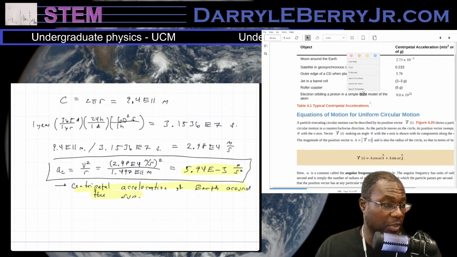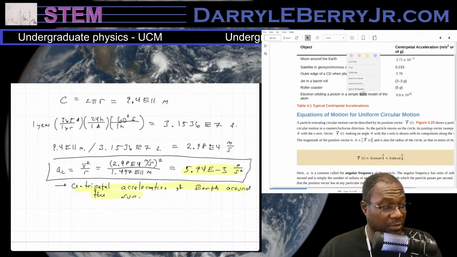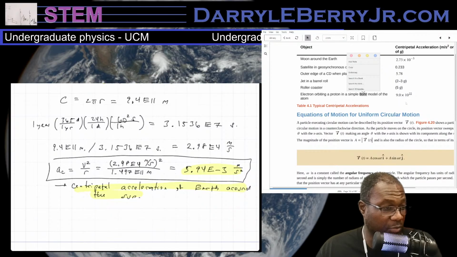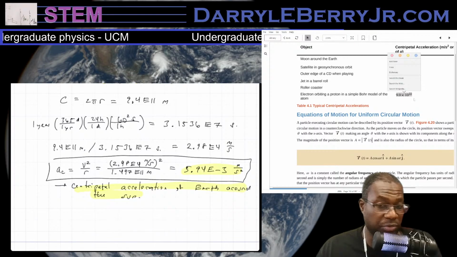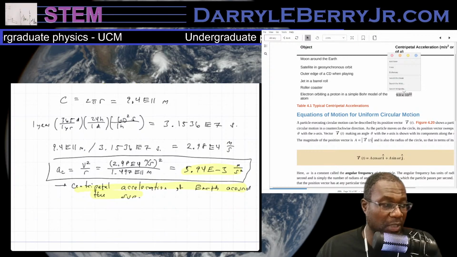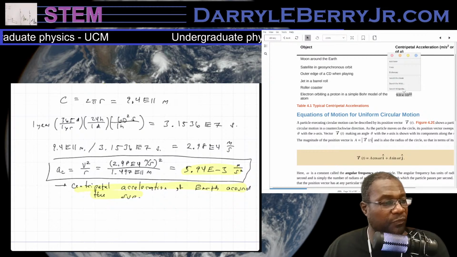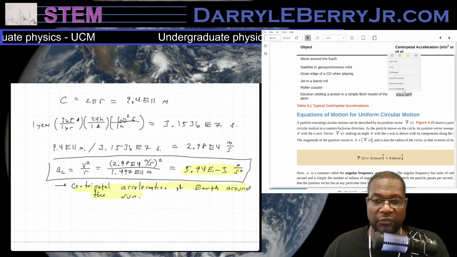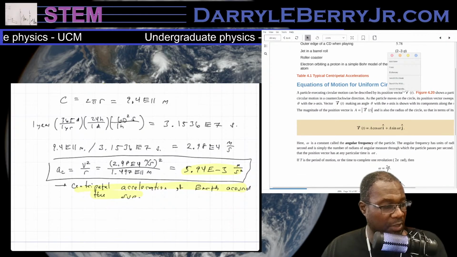Electron orbiting a proton in a simple Bohr model of the atom. That's crazy. Many G's. So that shows the strength of the strong force. Is it the strong force? I don't know which force it is that keeps the atoms together. Seems like it's the strong or the weak force, one of them. They're strong. All right.